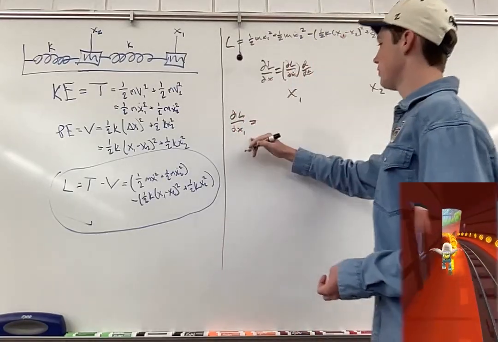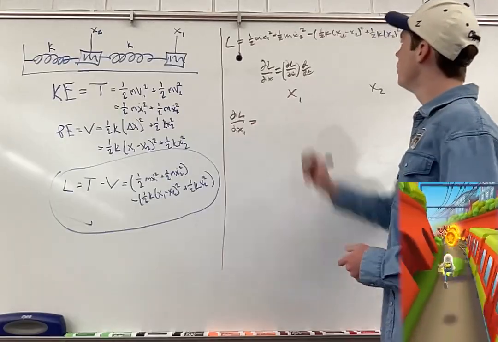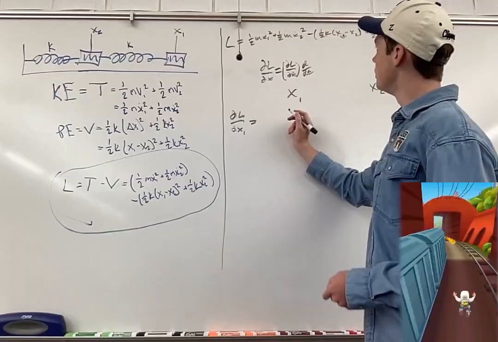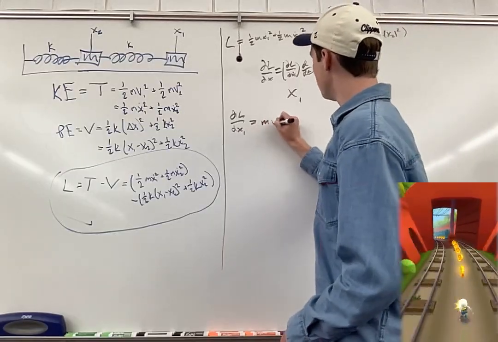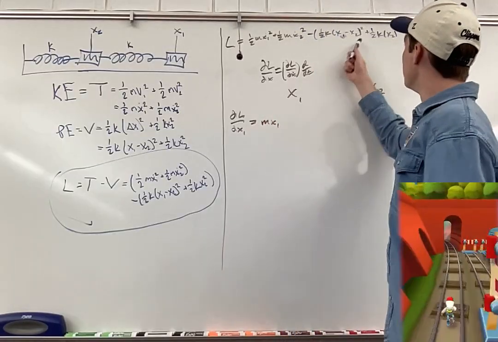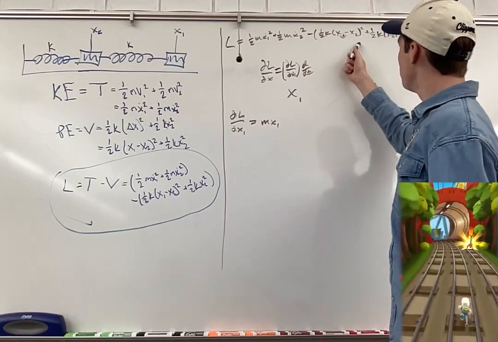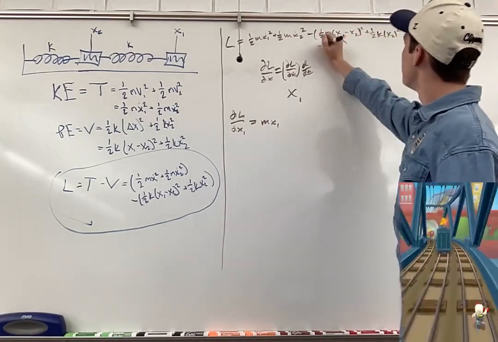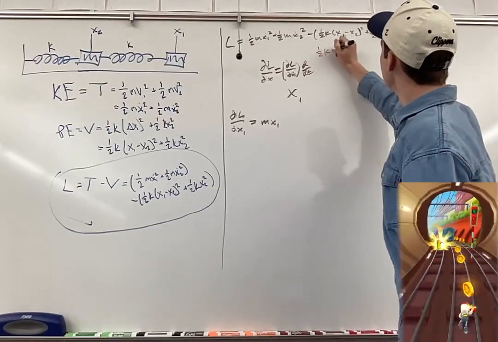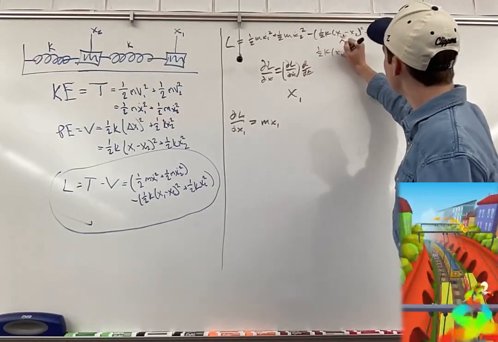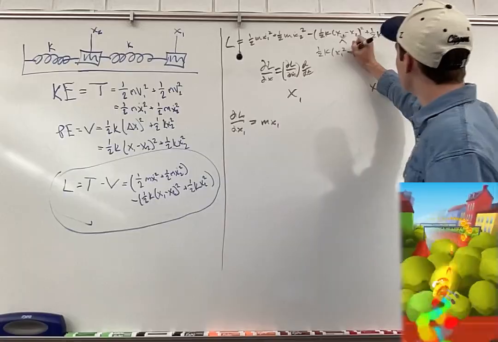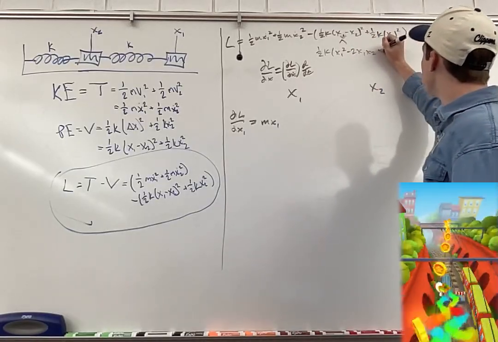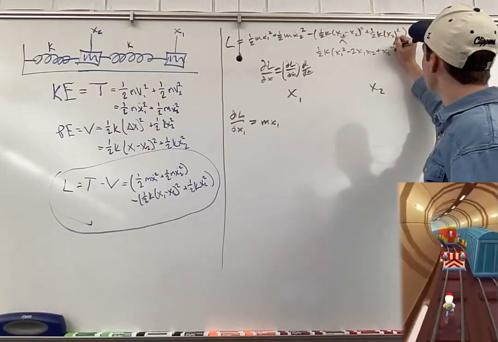partial L with respect to x1, we have one x1 term here, one x1 term here. We are going to want to expand this term, which is going to expand out to 1/2 k times x1 squared minus 2 x1 x2 plus x2 squared.